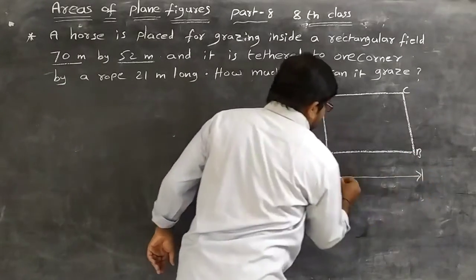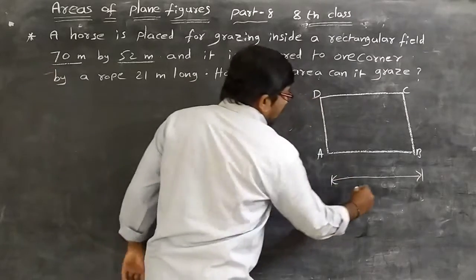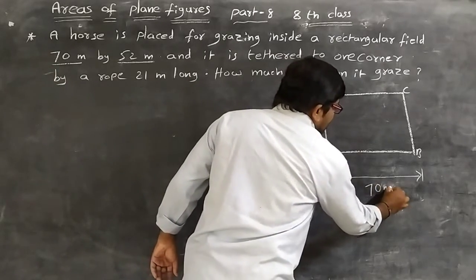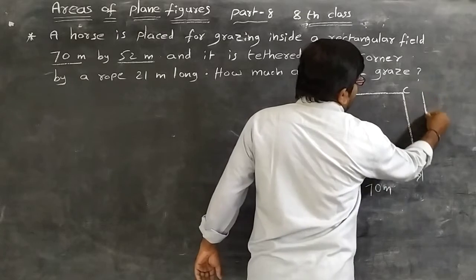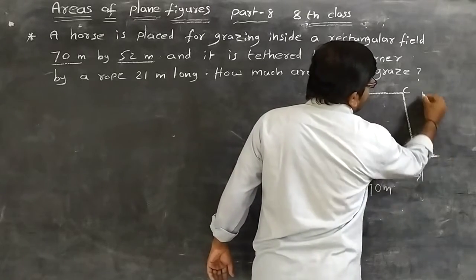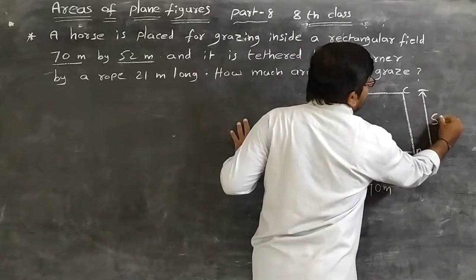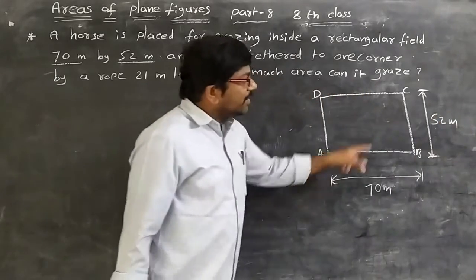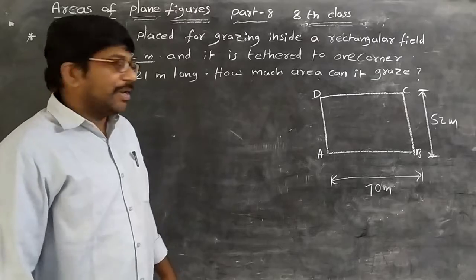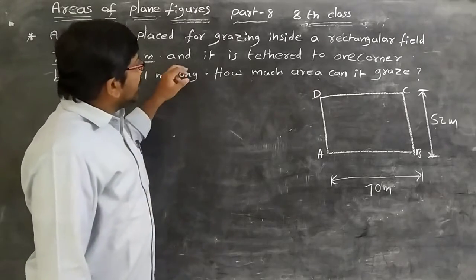And the breadth from here to here is 52 meters. So the length and the breadth are both given.